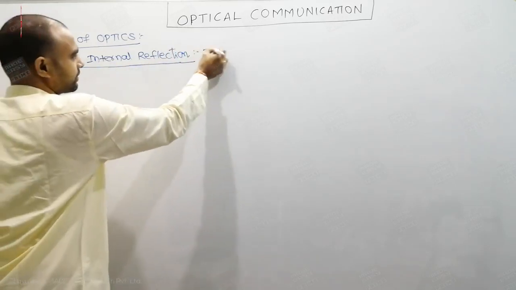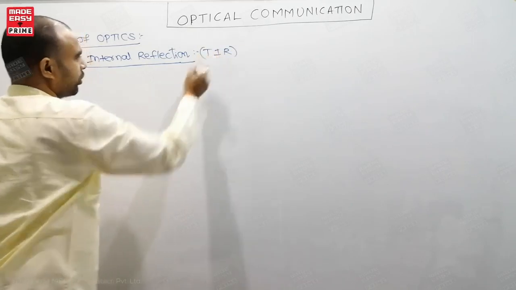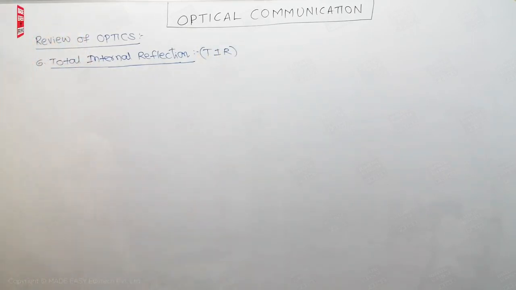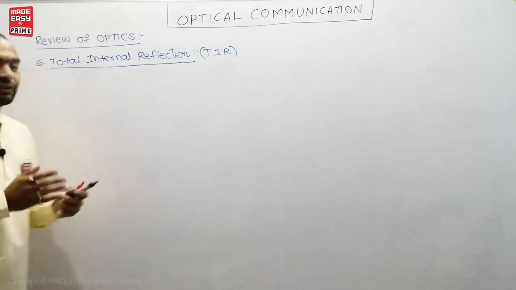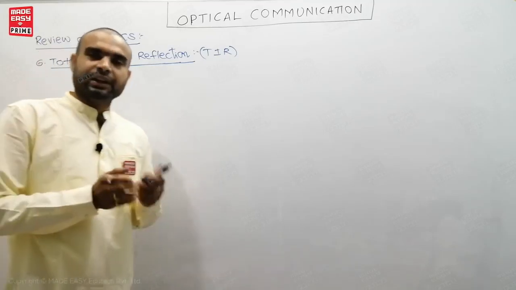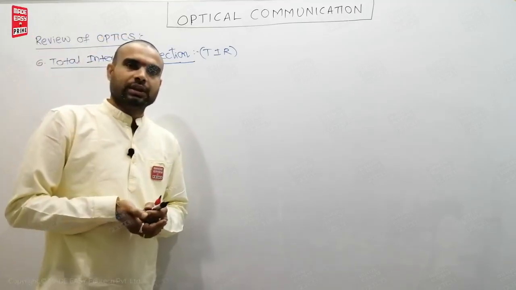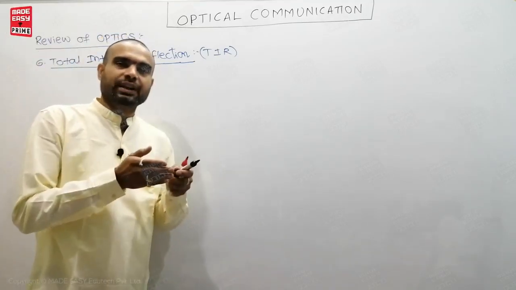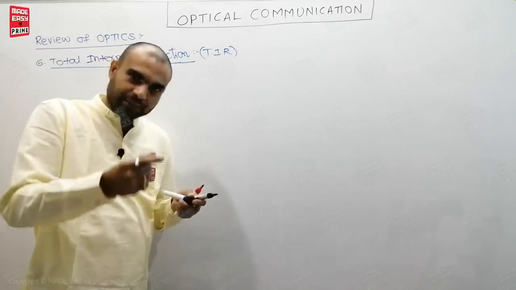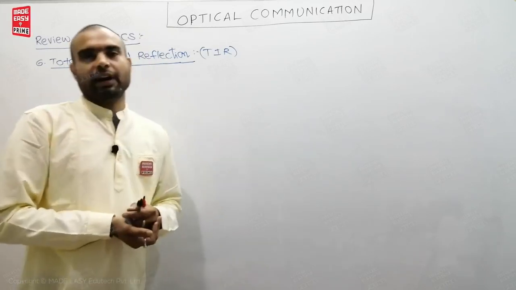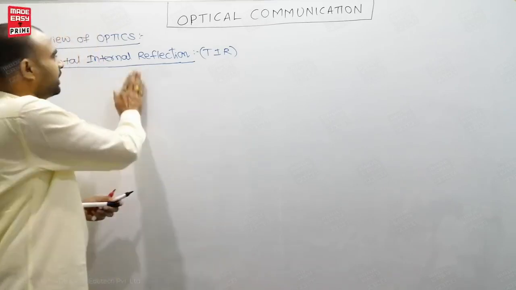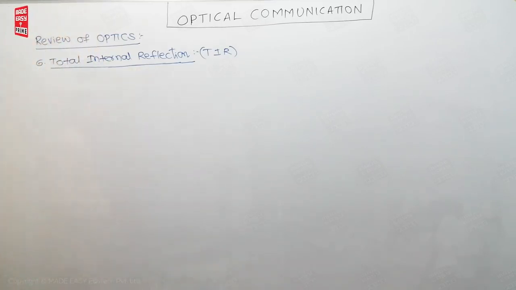Total internal reflection is called TIR. If the angle of refraction theta 2 is 90 degrees or greater, and the light which was incident is reflected back into the same medium, it is called total internal reflection.